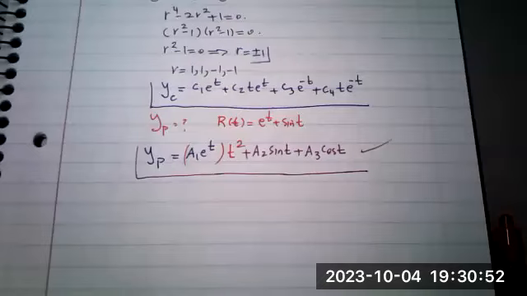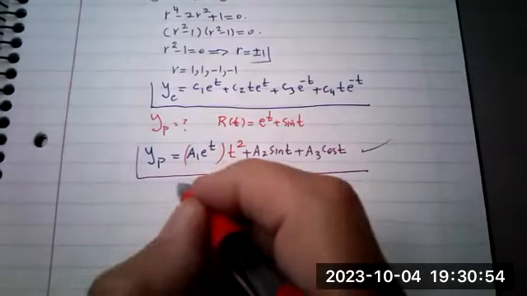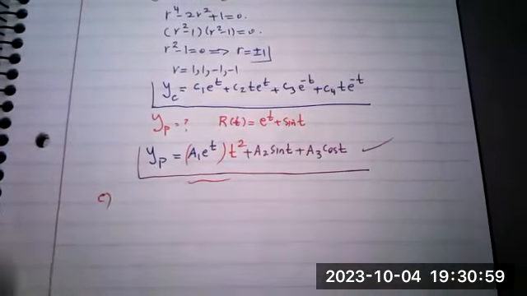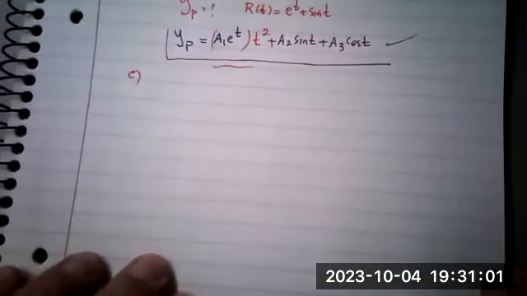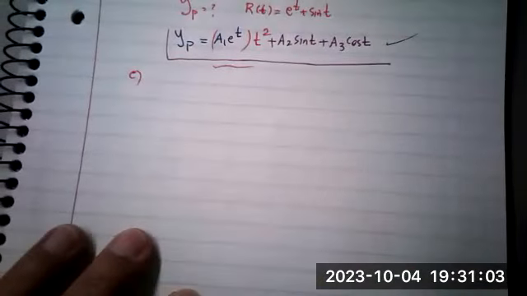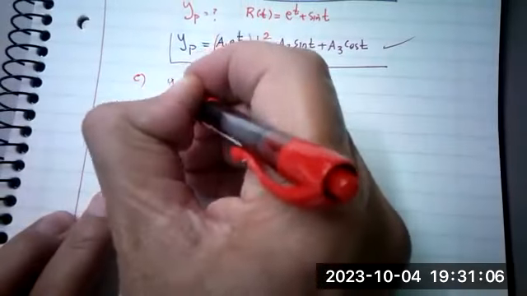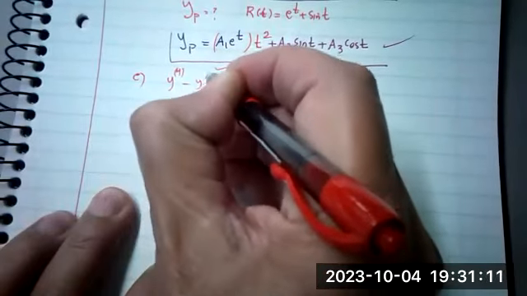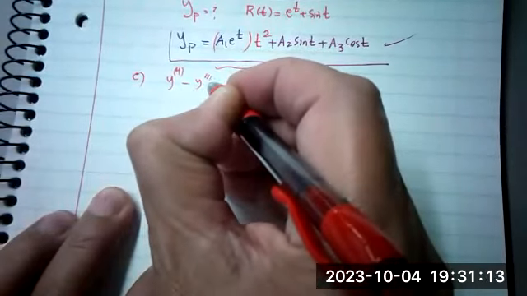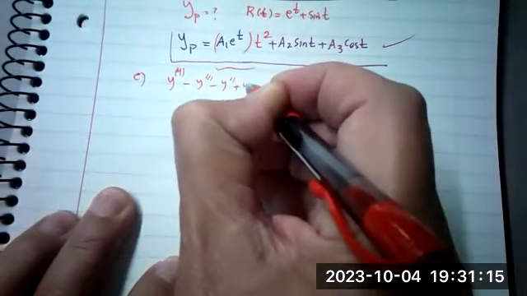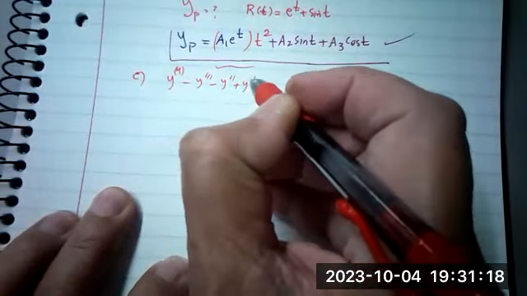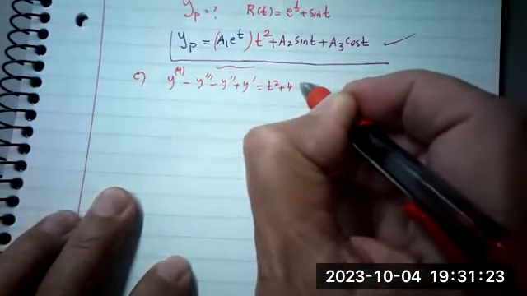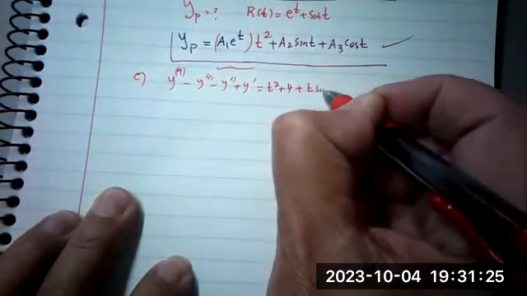Okay, we have one more. This is part C. Again, this is of the fourth order, and that equation would be interesting for you. It's y fourth order again, and that's going to be y fourth, the y triple prime, y double prime, y prime, and then you have t squared plus 4 plus t sine t.